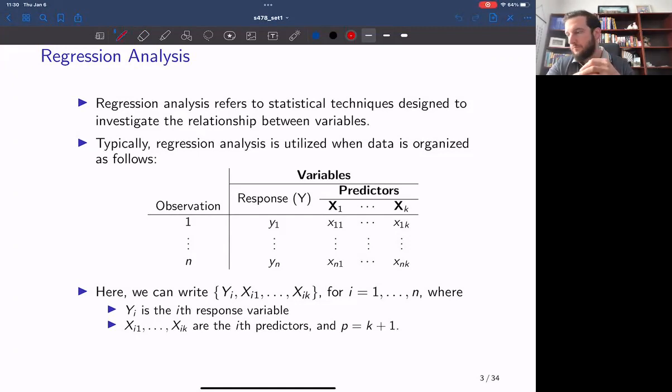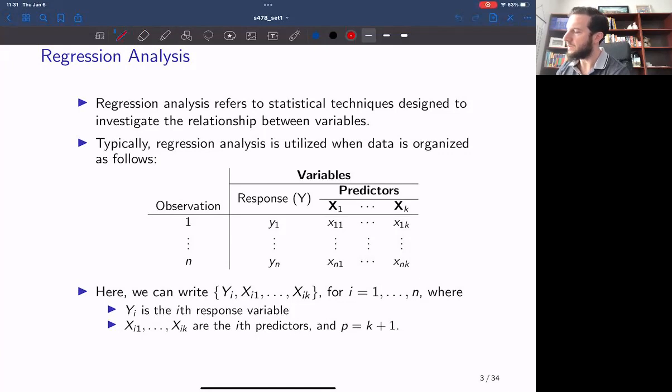So typically, or actually in all situations, regression analysis is really only going to be appropriate when you have a bivariate data set or a data set that is multivariate. What I mean by that is that you have observations that are emitting more than one measurement. So in the context of regression analysis, we're going to be working with multivariate data sets. The traditional clean description of what that data set is going to look like is given in the table on slide 3.